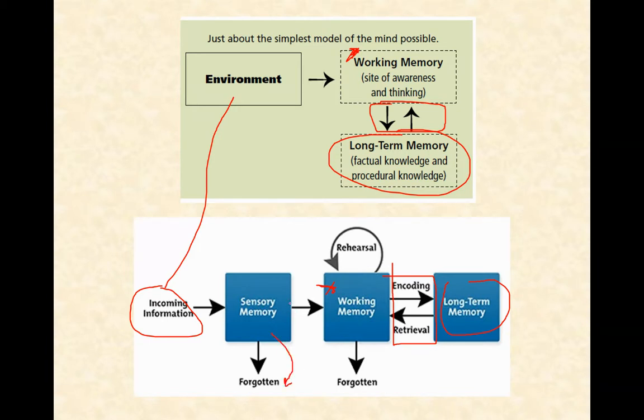But if it does enter your conscious awareness, it can make it into working memory, where it might be forgotten. You can loop things through your working memory, rehearsing them over and over again. You might take some things from working memory and move them into long-term memory through a process called encoding. And then you may retrieve your long-term memories back into your conscious awareness, working memory.